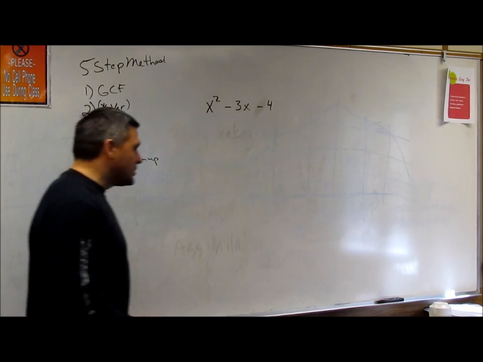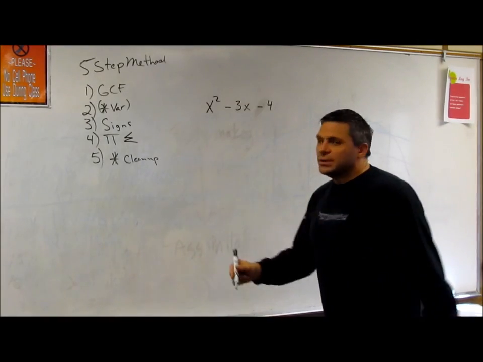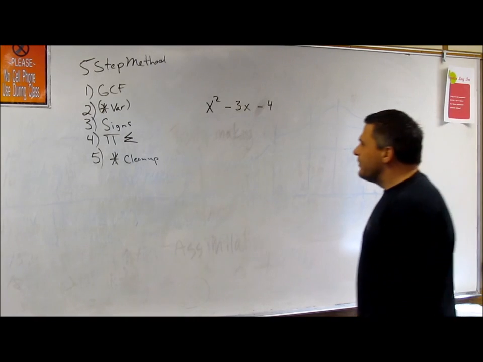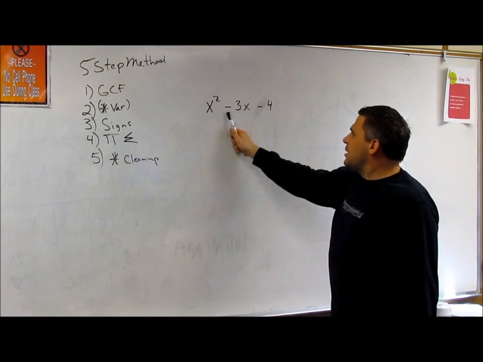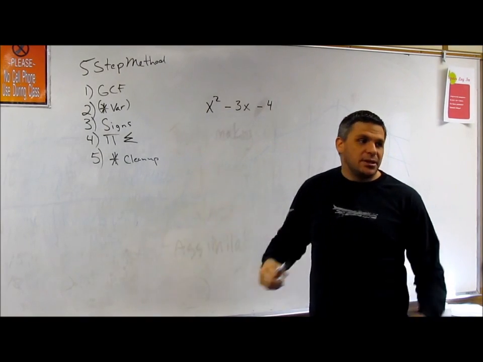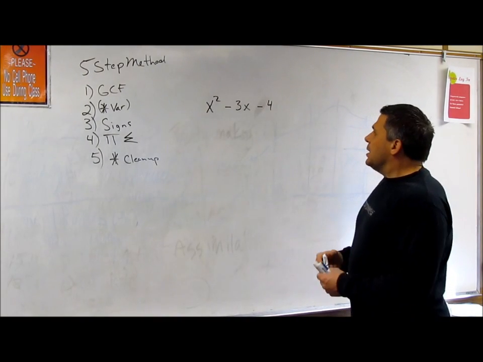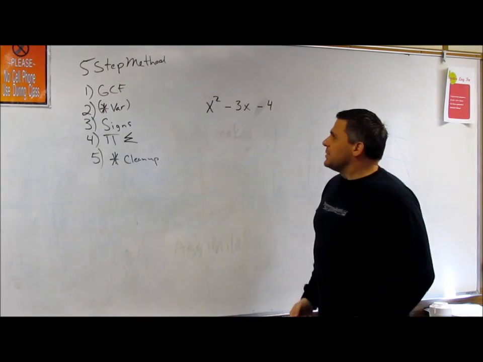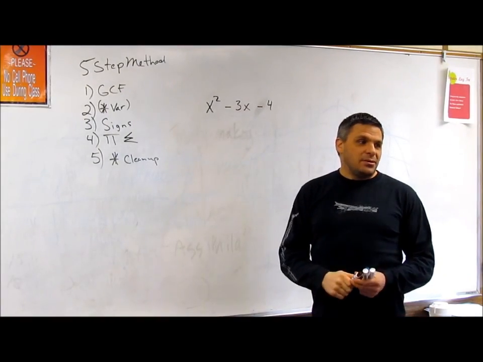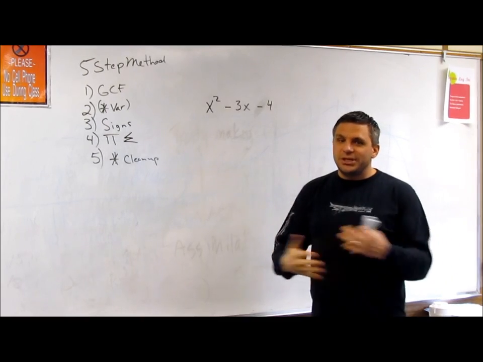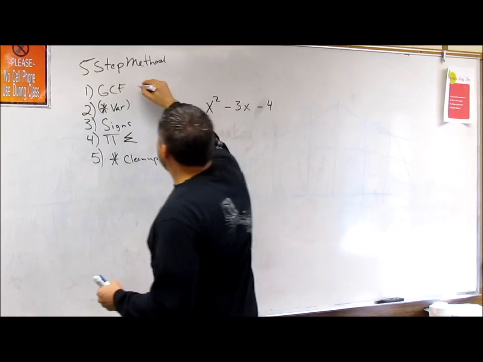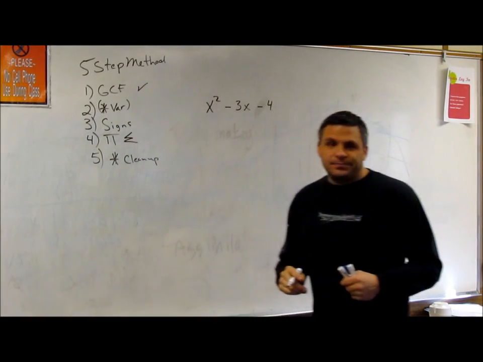Alright, so first step is GCF, greatest common factor. I want to find the greatest common factor among these 3 pieces in the trinomial. Is there a number that goes into 1, 3, and 4? The only number is 1. So the GCF is done at this point.